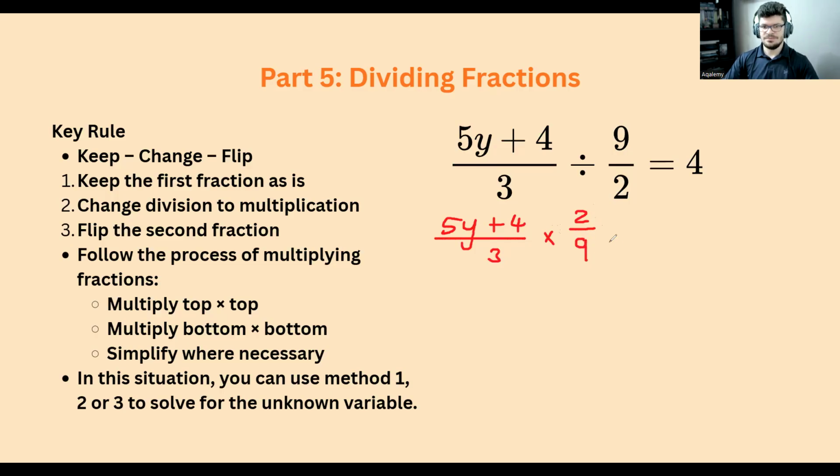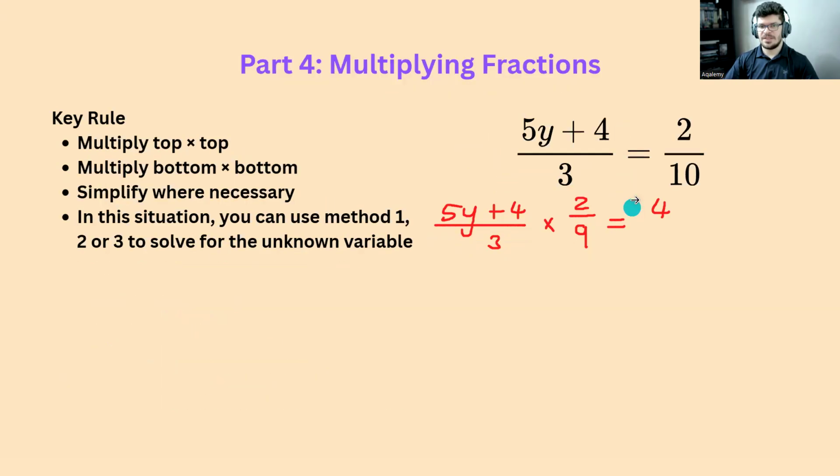Is equal to 4. Multiply numerator with numerator, denominator with denominator. In the previous question we had that 4 over 5. It's very similar to this question that we've done.